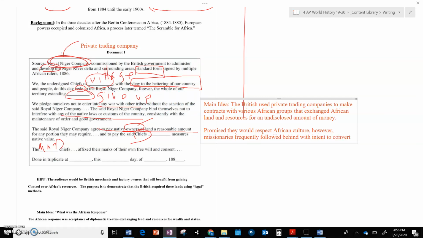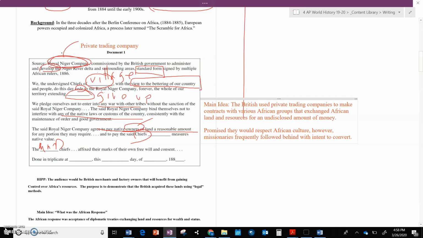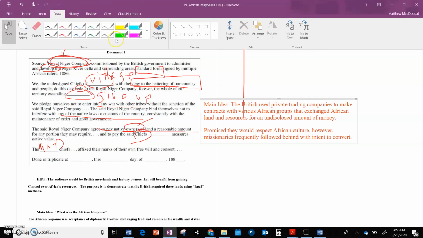Now, if you're going to write things like that, that's not in the document. That's you making inferences and drawing in your historical knowledge, which is a good thing to do as you go along. I just spent a lot of time on one document, going through how to annotate and find the main idea. Your goal from here, as you move from document to document, is can you find connections.